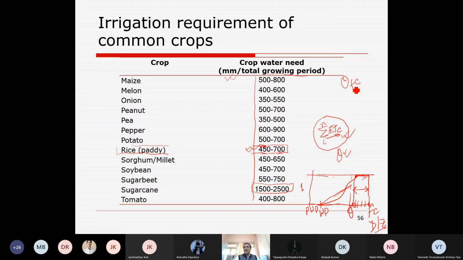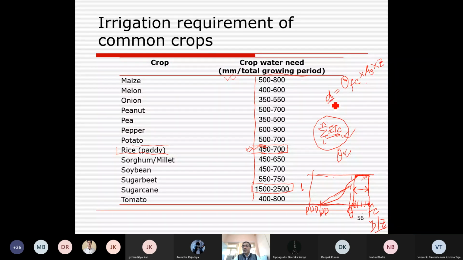So how do we do this? This is basically the gravimetric, or mass-wise, soil moisture content. We need to convert this to volumetric. To convert this to volumetric, we multiply by the apparent specific gravity, and to find out in terms of depth in a particular root zone D, we multiply by this.